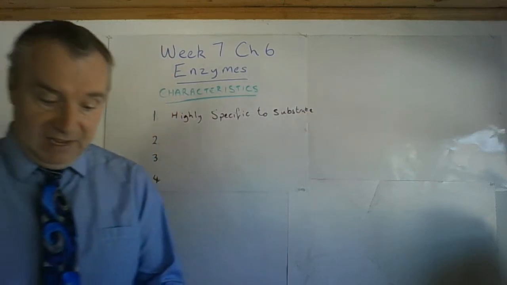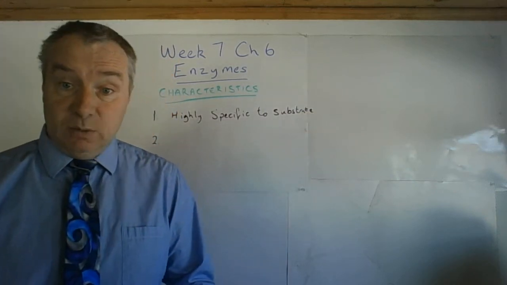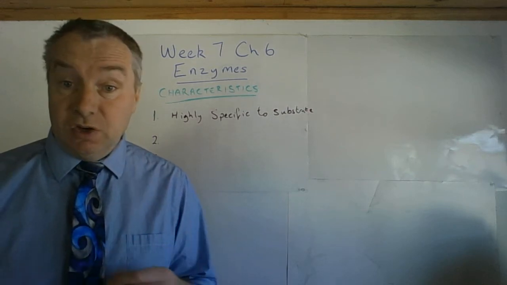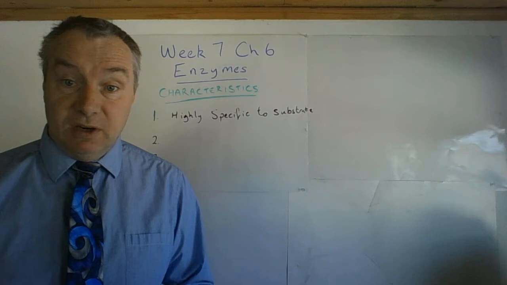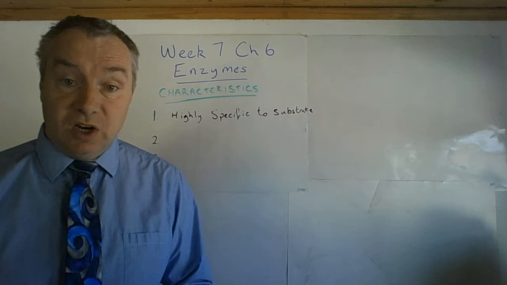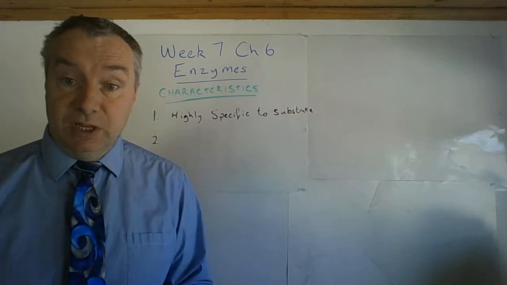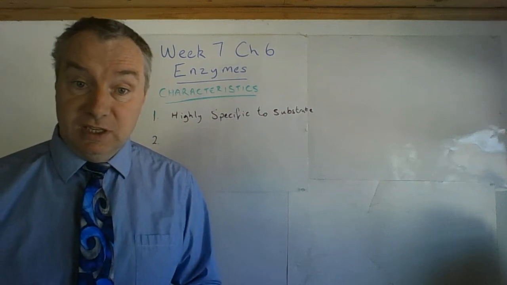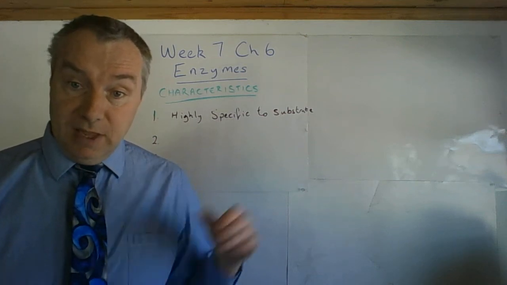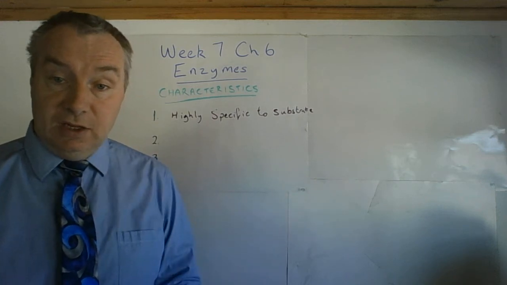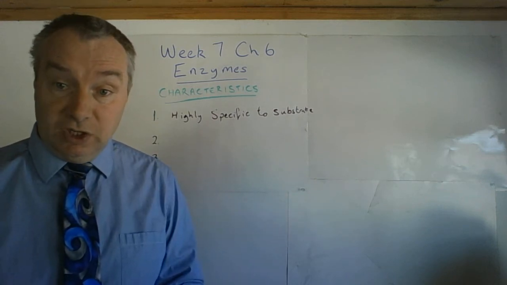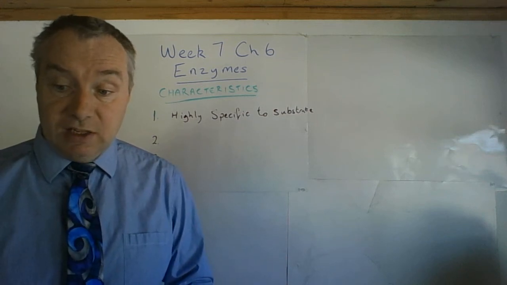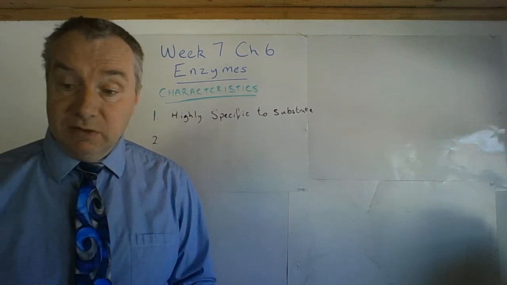An example of that would be amylase, which is highly specific to starch. It begins to break down starches in your mouth in salivary amylase, and so there is an example of an enzyme that is highly specific to starch. Amylase actually doesn't work to break down anything else, so it's highly specific.